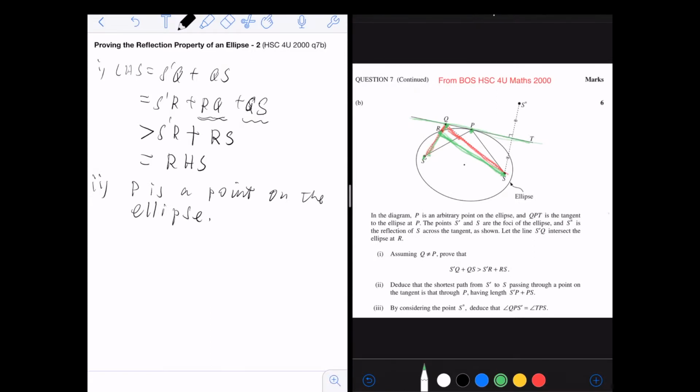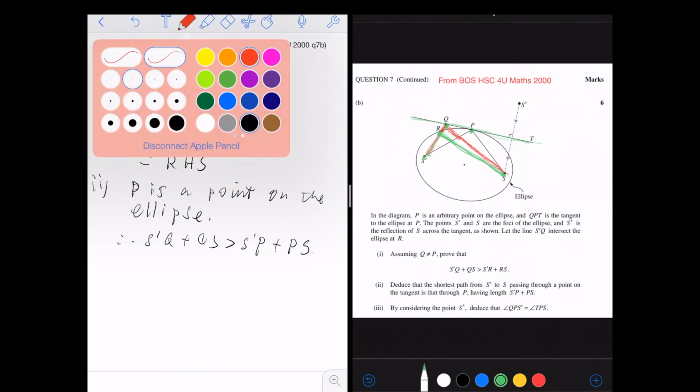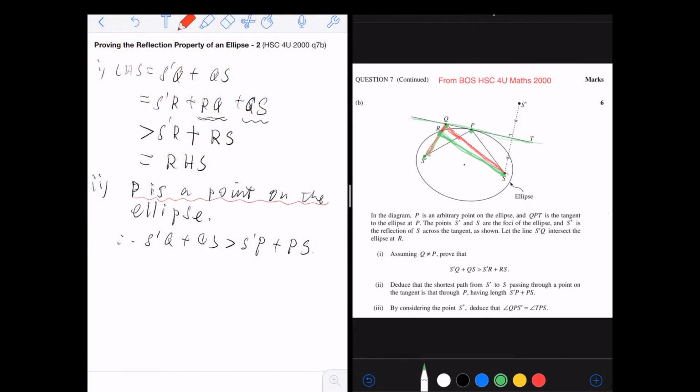So from the previous result, we can say S dash Q plus QS will always be bigger than S dash P plus PS, as we know P is on the ellipse.